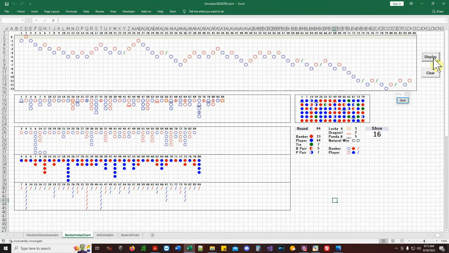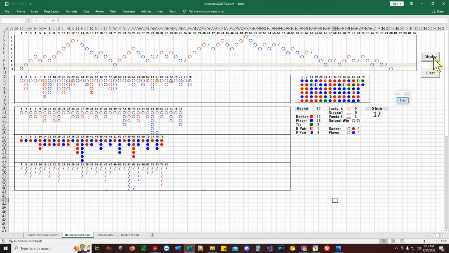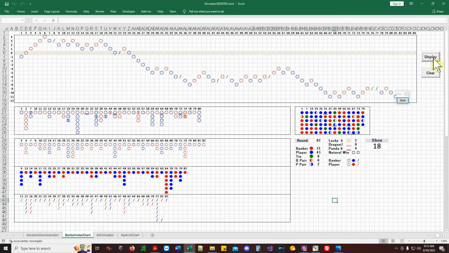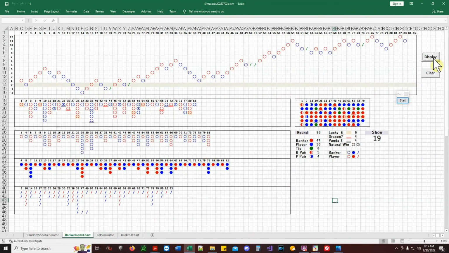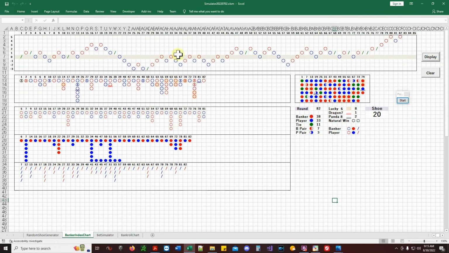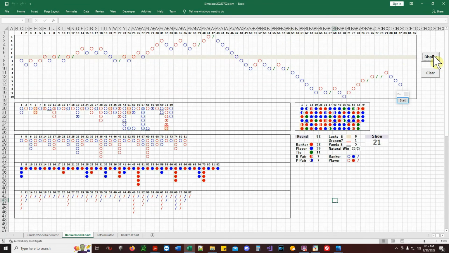Now that I'm looking for one, I can't find one. That's what I like about this particular software. It has a random shoe generator, and it just generates shoes randomly. And when I first got this software, I was just training my eye to see support and resistance in a Baccarat shoe.